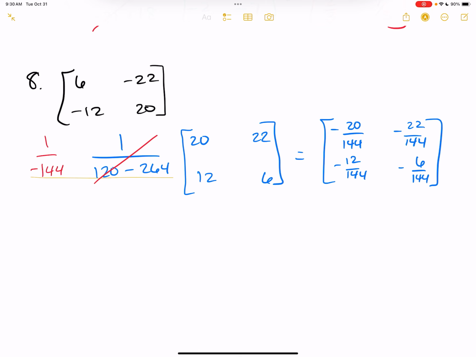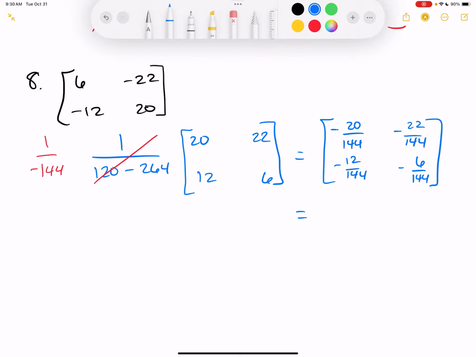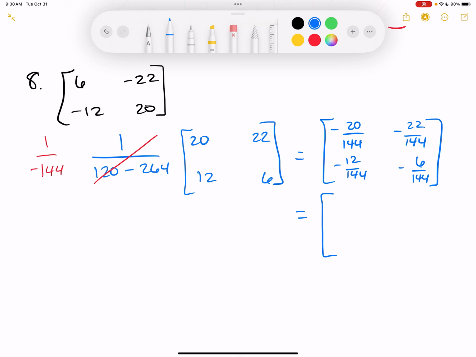And that's your reduced fractions from what we just did. So this reduced ends up being negative 5 over 36, negative 11 over 72, negative 1 over 12, and negative 1 over 24.